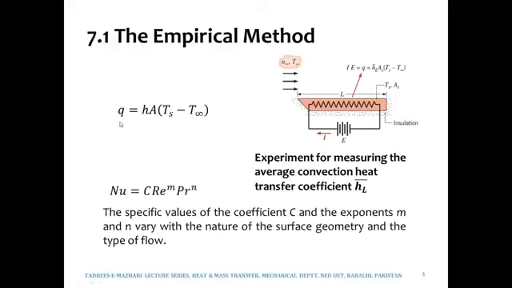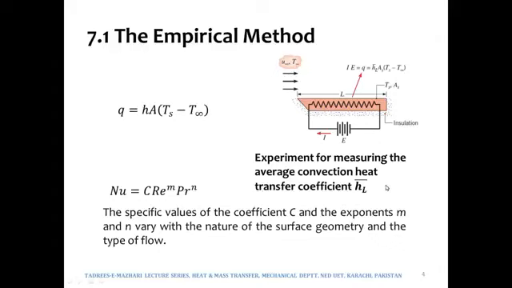So then using Q is equal to hA delta T, since we know the rest of the parameters except h, we would be able to determine the value of h. So this is the experimental setup for measuring the average convection heat transfer coefficient, which we call h bar.